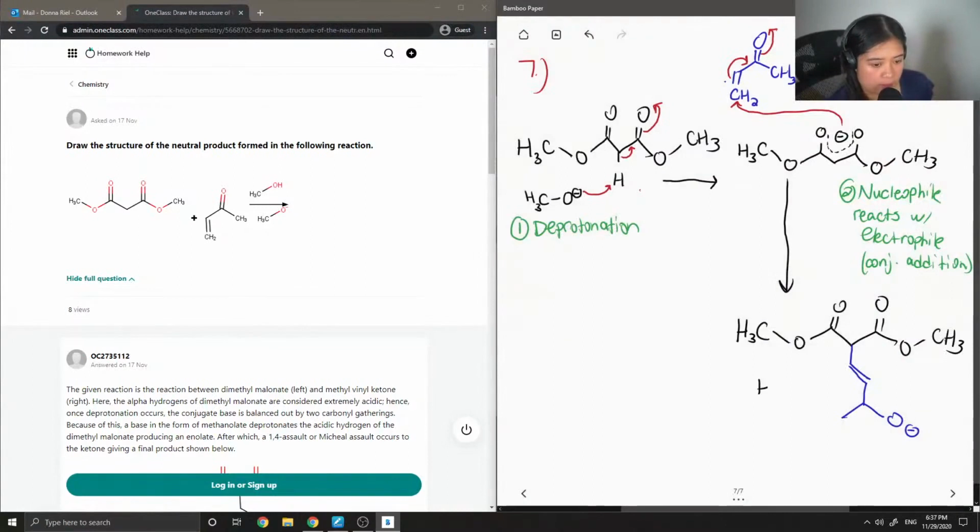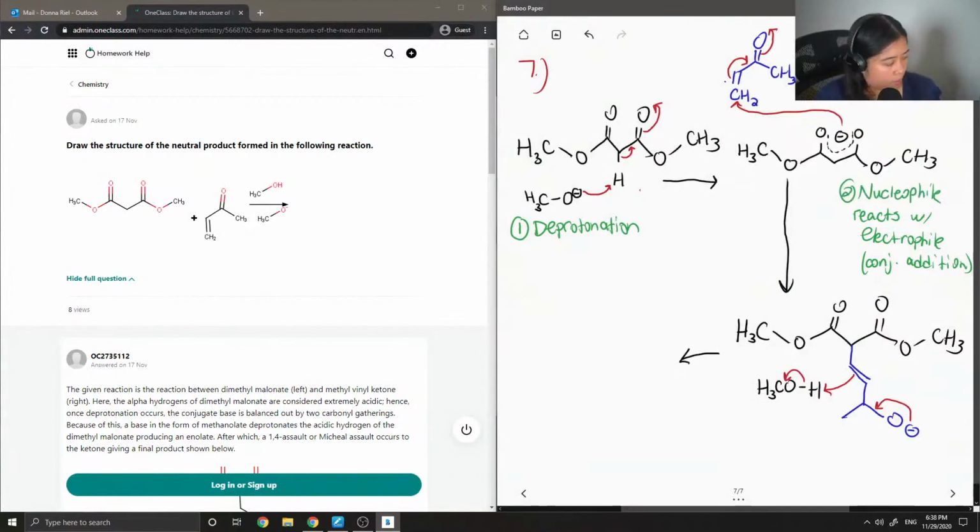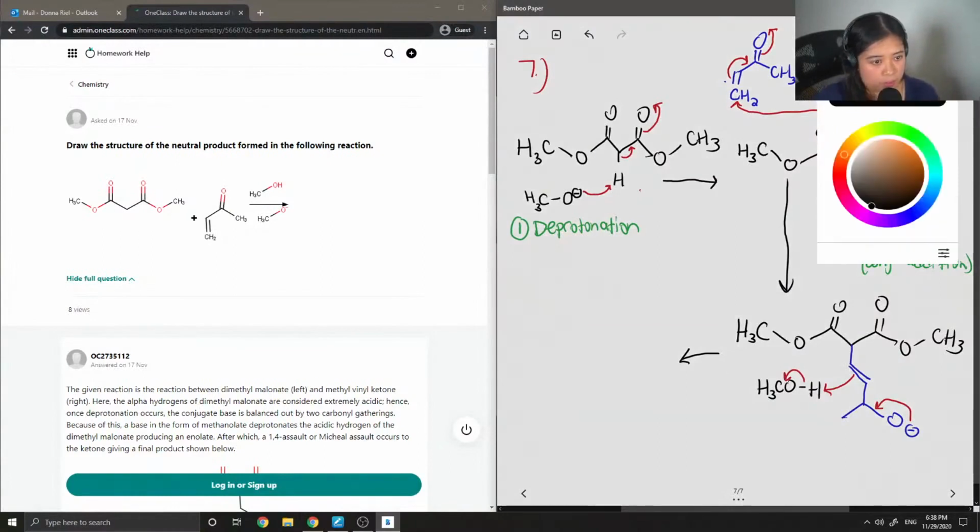So I'm just going to draw another molecule of methanol. And I'll show that this negative charge comes down. This double bond gets reduced. And then we are left with our final product.